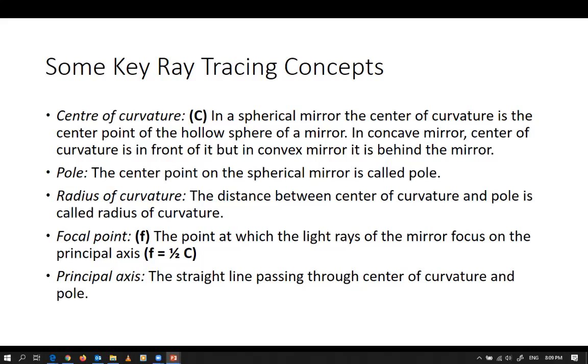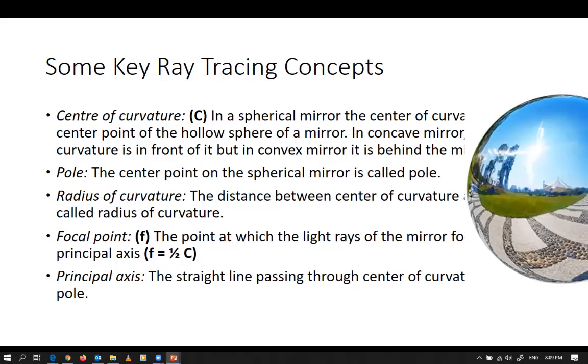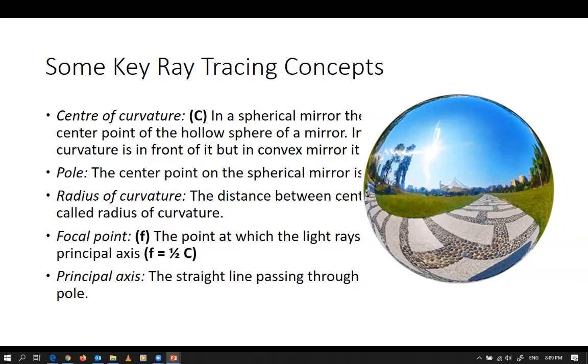Now let's talk about some basic rules that we're going to use. In case you haven't seen a spherical mirror of some sort, think about those mirrored garden globes that you can see around the garden. They look a little something like this. This is what you should be envisioning when you think, oh, that would be a nice convex mirror.